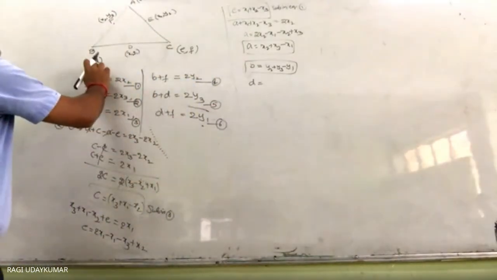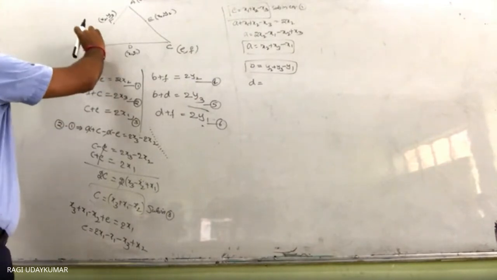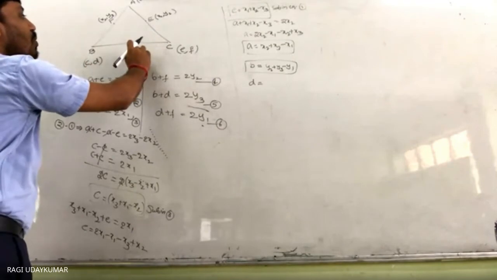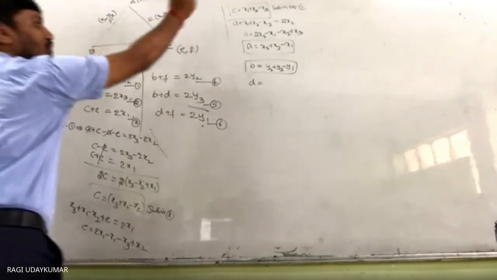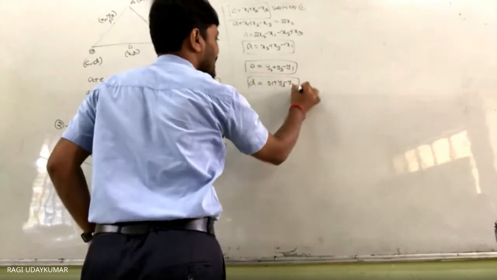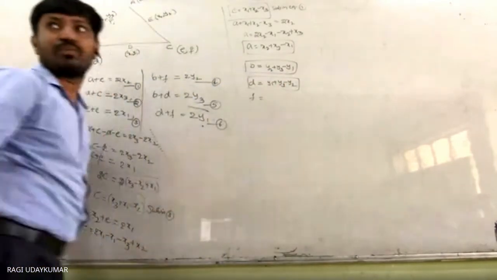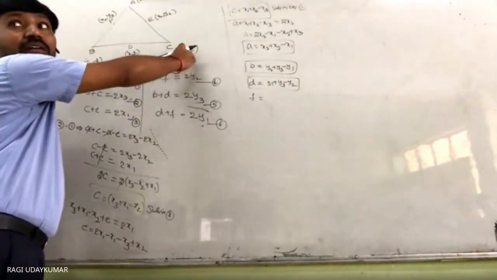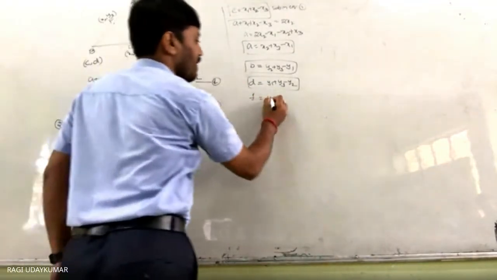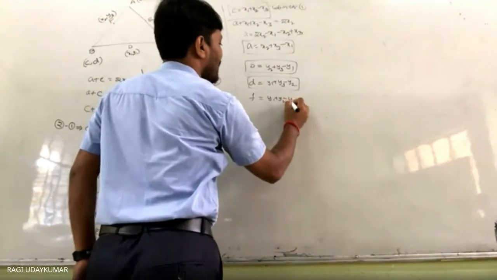D is here, so this vertex, these 2 sides are there. So y1 plus y3 minus y2. This is D. And F is equals to, we need F. This one we are going to get y1 plus y2 minus y3.